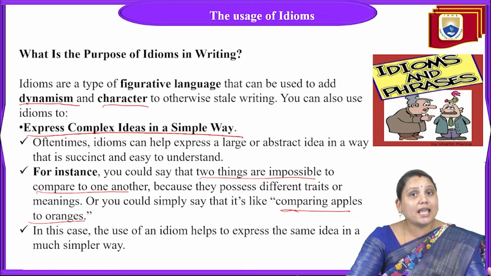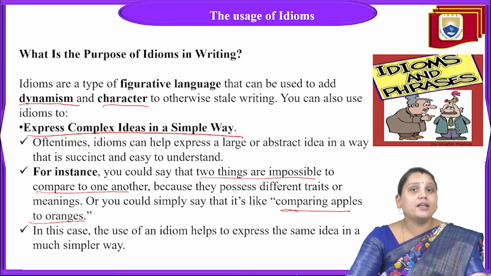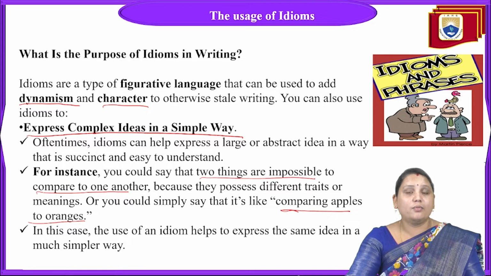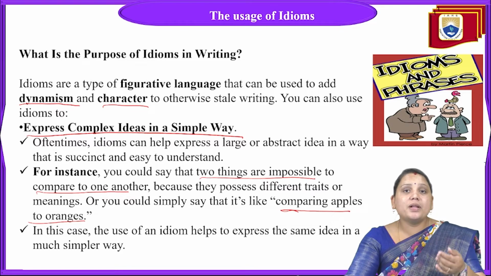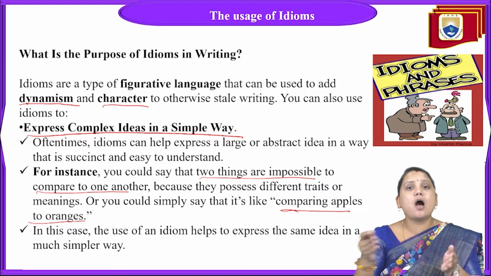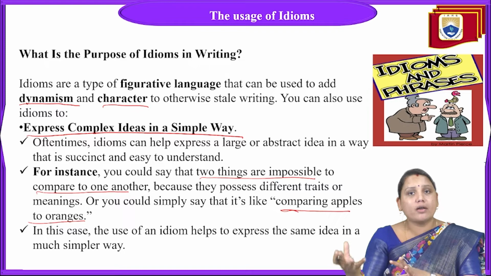When I say this idiom in my communication, it is easily understood that two different individuals cannot be compared. Why? Here we are looking into the idiom of comparing apples to oranges. How can you compare an apple with an orange?